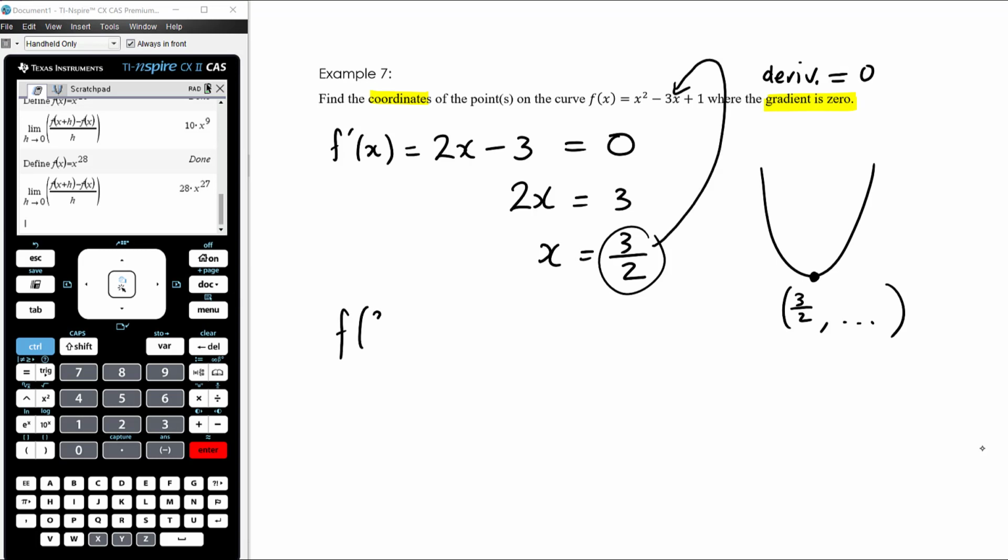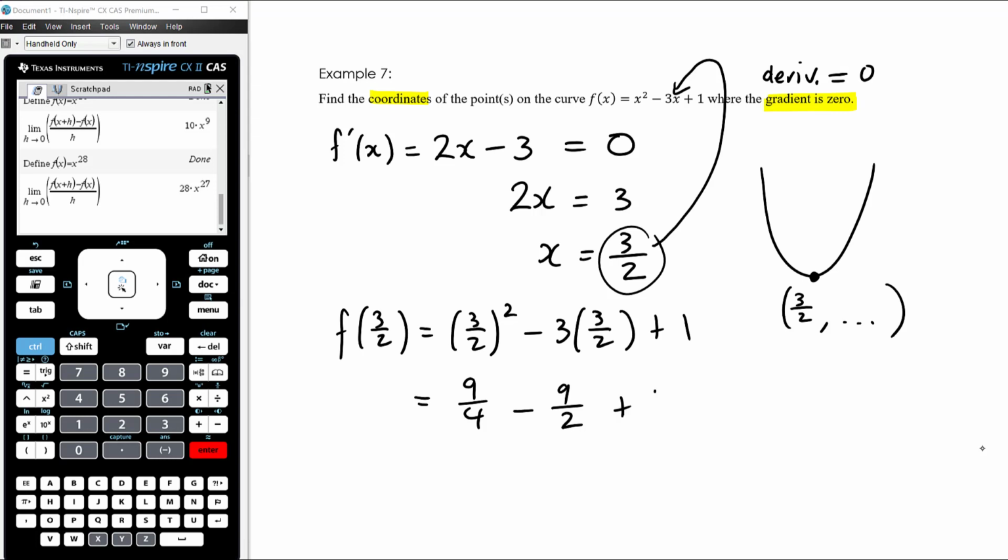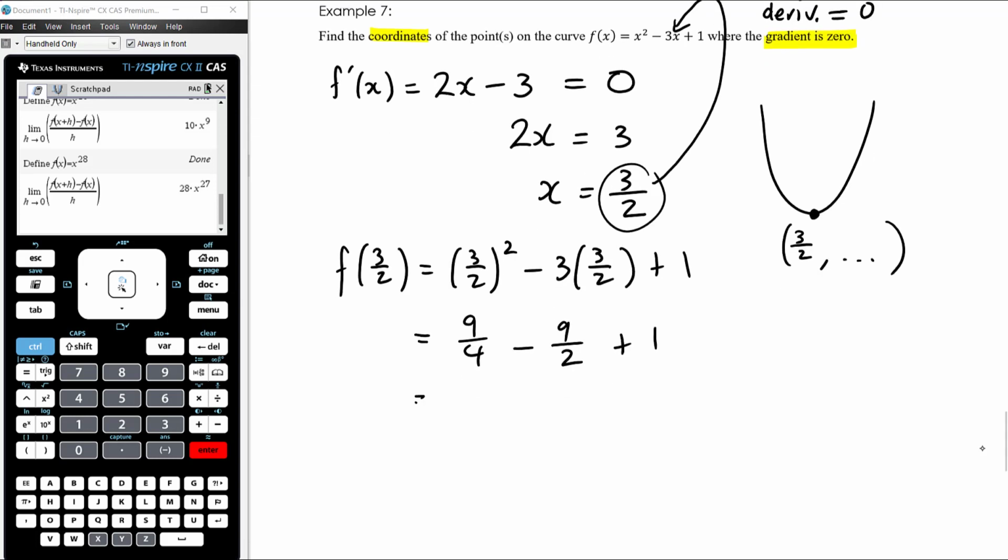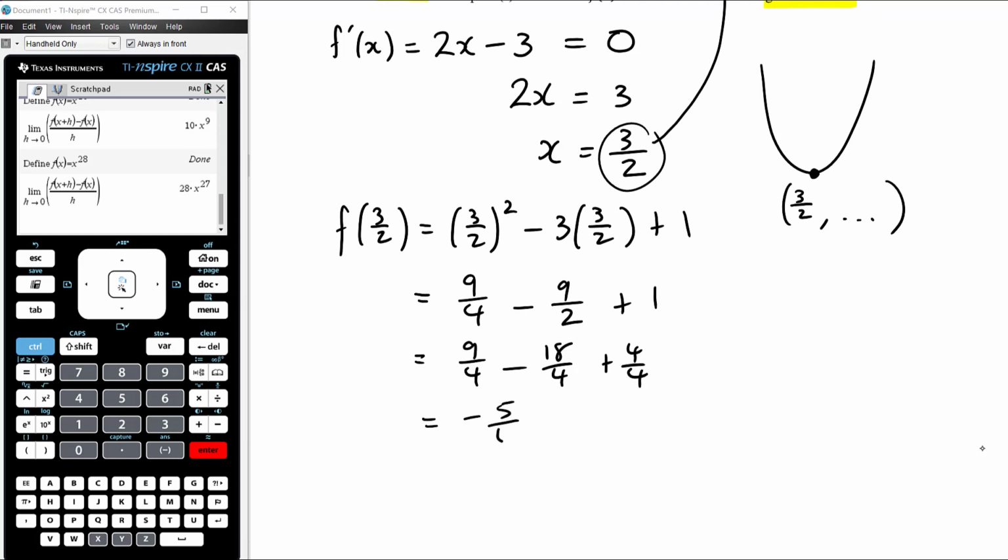So f of 3 on 2 is 3 on 2 squared minus 3 times 3 on 2 plus 1. So that's 9 on 4 minus 9 on 2 plus 1. Common denominator, 9 on 4 minus 18 on 4 plus 4 on 4. So it's negative 9, so negative 5 on 4.